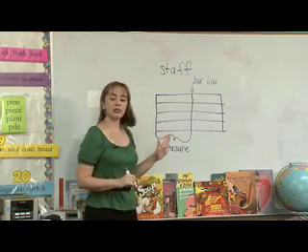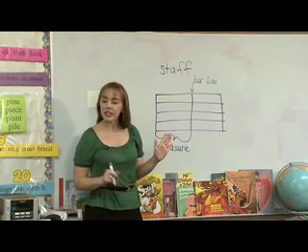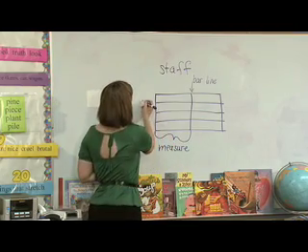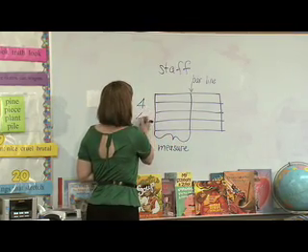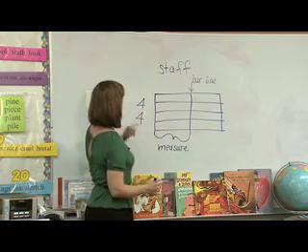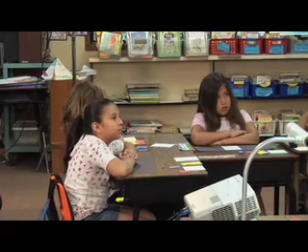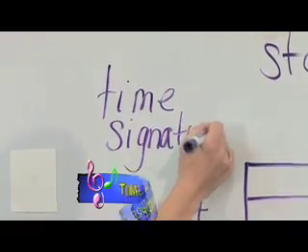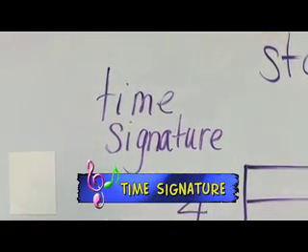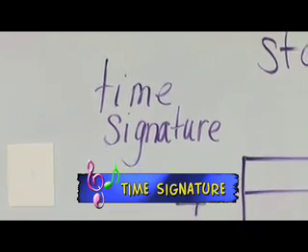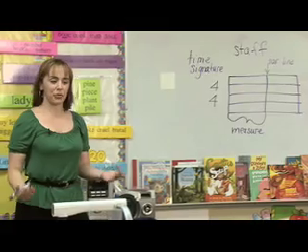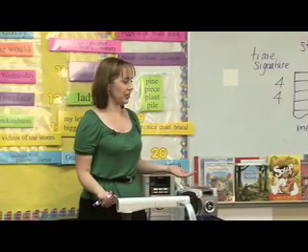When we look at a piece of music, you will typically see 2 numbers at the beginning of that piece. Most often you'll see a 4 over a 4. We call this a time signature. Okay? And I like to think of it as a recipe for that piece of music.